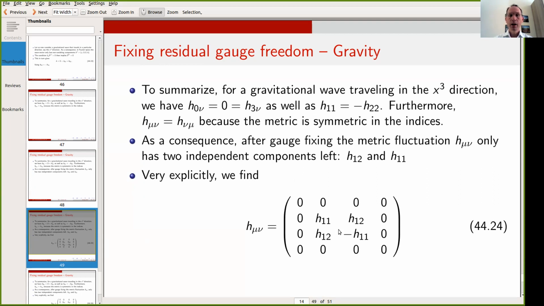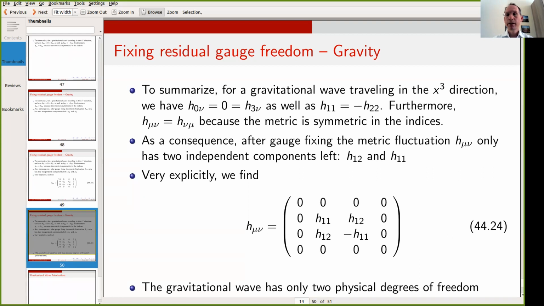Okay, so we find that just like in electromagnetism, a gravitational wave has only two physical degrees of freedom, because there are two independent degrees of freedom in our metric field fluctuation here. So the two physical polarizations for the gravitational wave, even though h_μν has many more original components as a tensor.